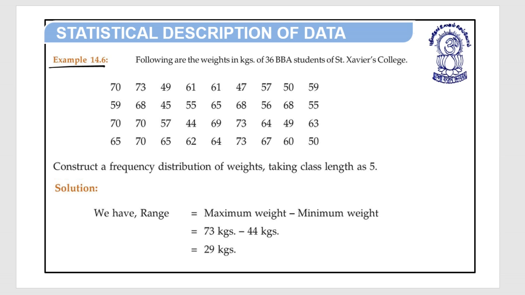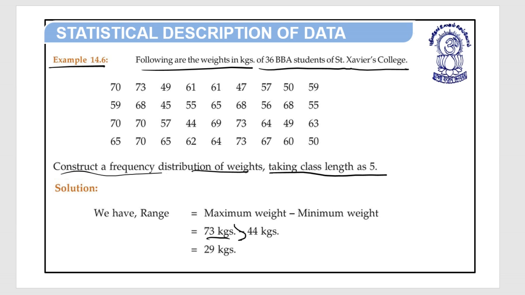Example 14.6. Following are the weights in kgs of 36 BBA students of St. Xavier's College. Construct a frequency distribution of weights taking class length as 5. We need the range, maximum weight minus minimum weight. You can find the maximum weight and minimum weight from the question.